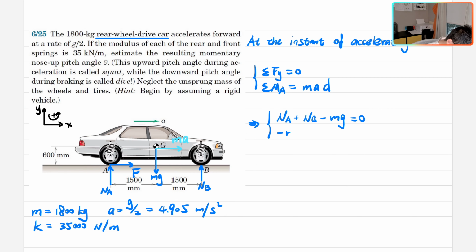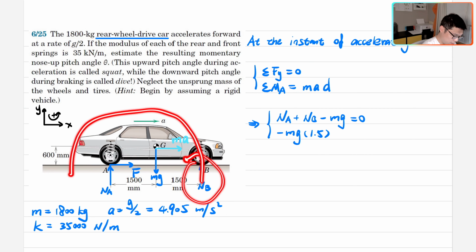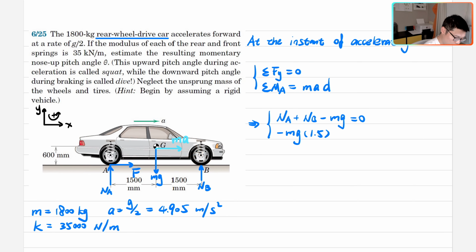Now it is negative mg times 1.5, which comes from here, 1500 millimeter, which is 1.5 meter. And then we have the NB making a counterclockwise moment, plus NB times 3. Again, the 3 comes from the 1500 plus 2000 millimeter, equals to the I alpha.